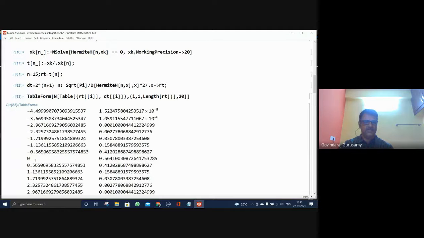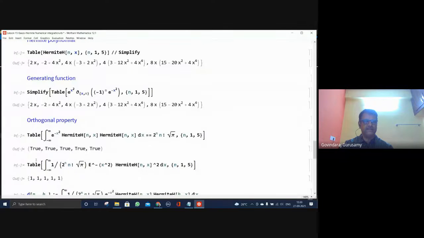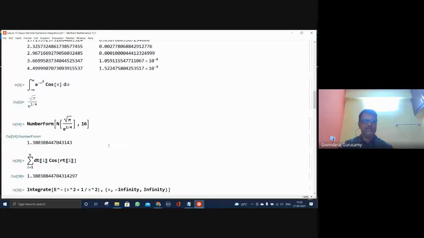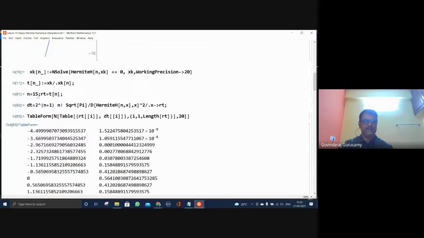One more 0 is also coming here as a root. Well, this is the sum. Check. 52411. 4, 1. Okay. There seems to be improvement, and it is better when compared to the previous function.